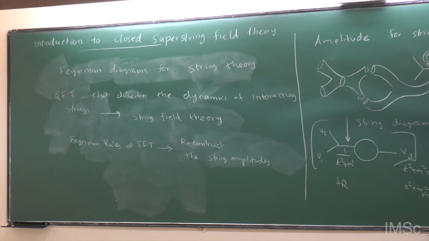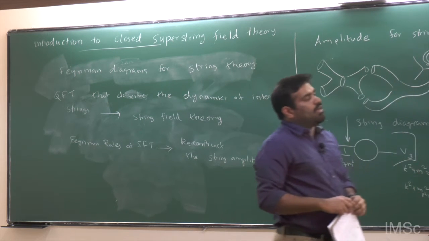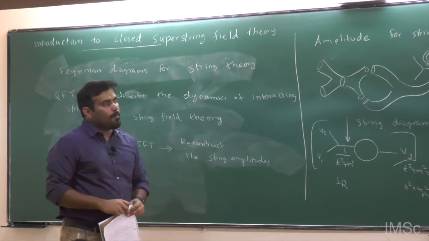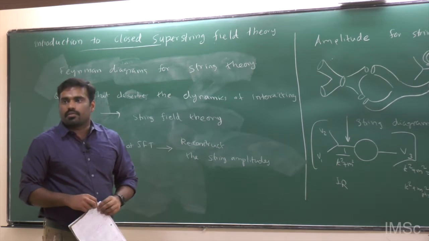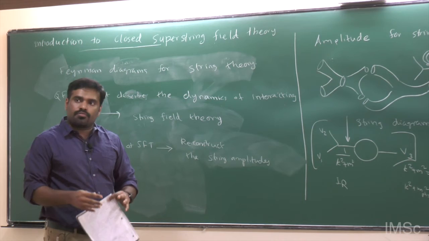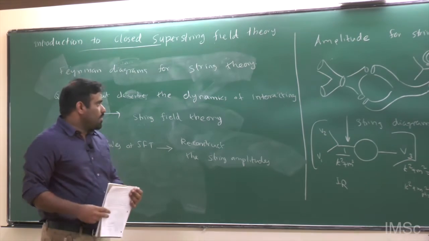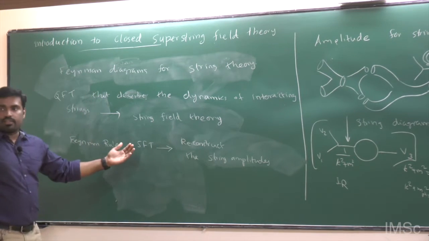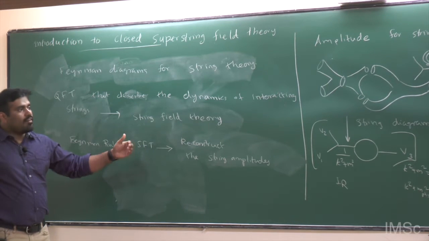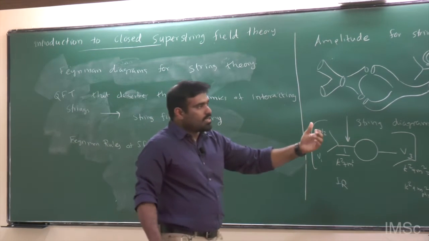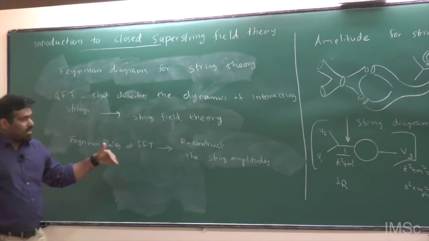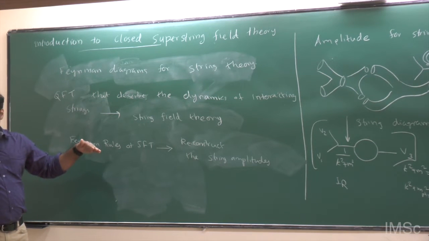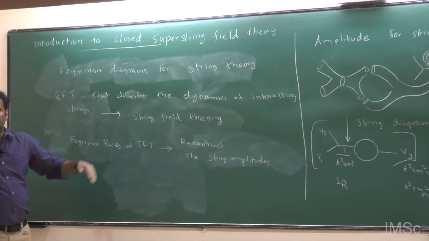In certain cases, the usual string perturbation theory gives you consistent amplitudes. Whenever you get consistent amplitudes from string perturbation theory, that matches with whatever you compute in string field theory. But when you have trouble in string perturbation theory, string field theory computes correct amplitudes. So that's why I say that they formally agree.